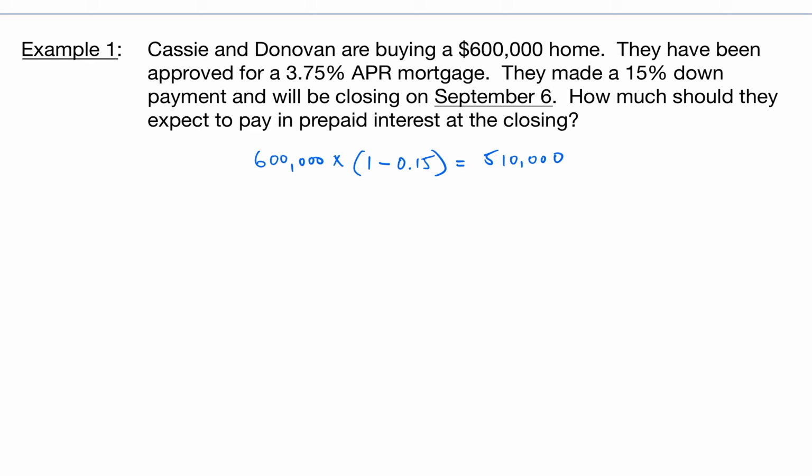Okay, so that's what they're really borrowing, which means then we're going to take the 510,000 and we're going to multiply that by 3.75% or 0.0375 to determine how much interest that's going to cost.